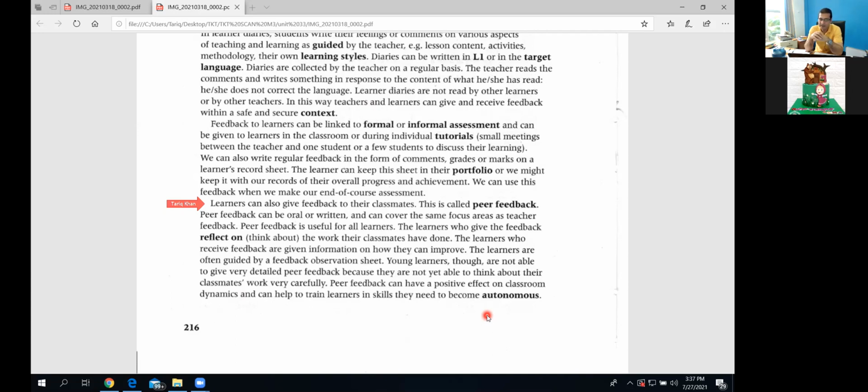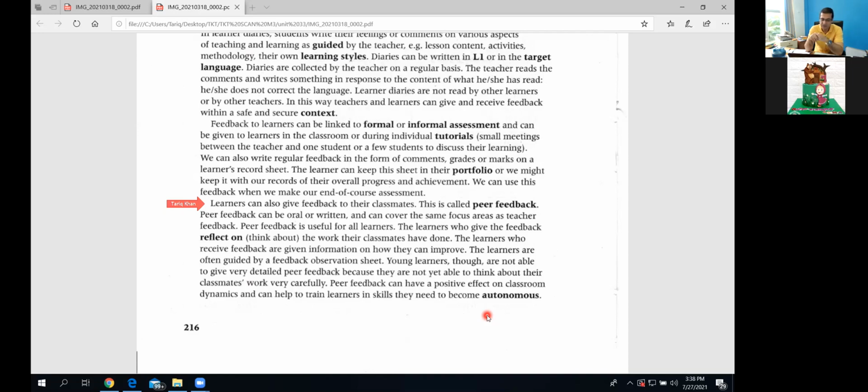And when the students are giving feedback on each other's work, a positive kind of attitude is built up in the classroom among the students. So they check each other's work, and likewise they give feedback to each other on that. So it's creating a good atmosphere of learning in the classroom.